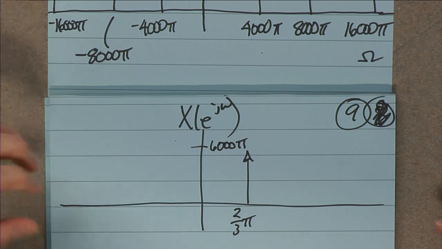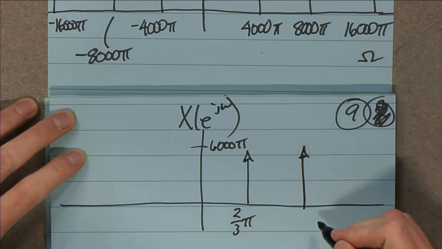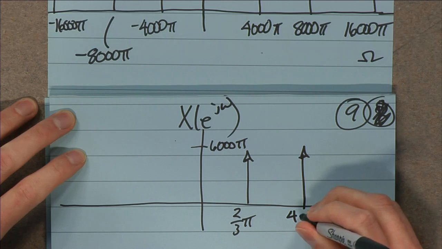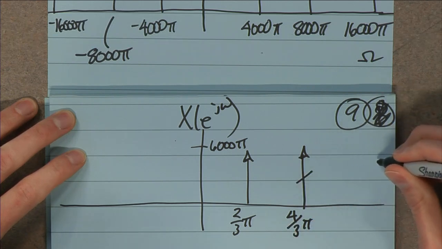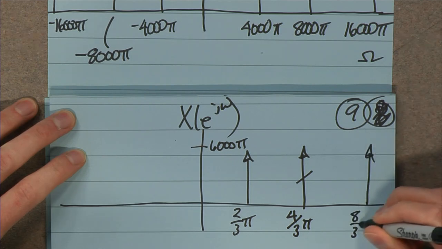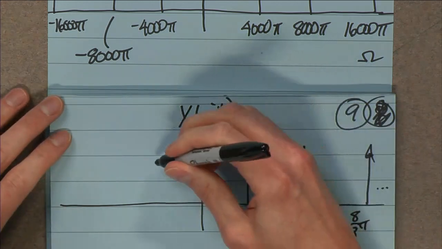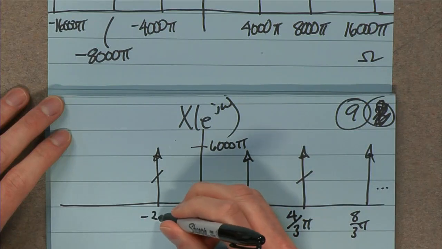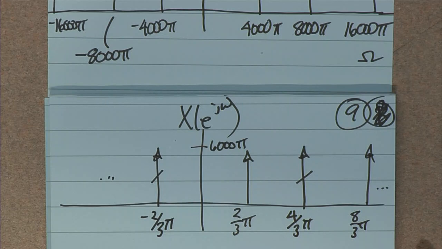Yeah, there's a lot of moving parts here. So we've got that, and what's this? This is just double that. So we're at, what, 4/3 pi? And out here was 8/3 pi. Dot, dot, dot, because it's minus 2/3 pi. And I'll just do dot, dot, dot on that side.